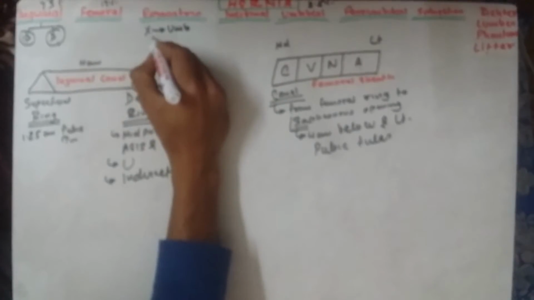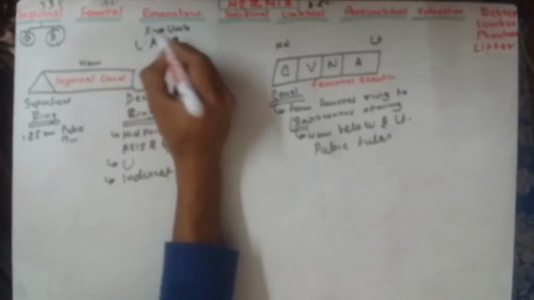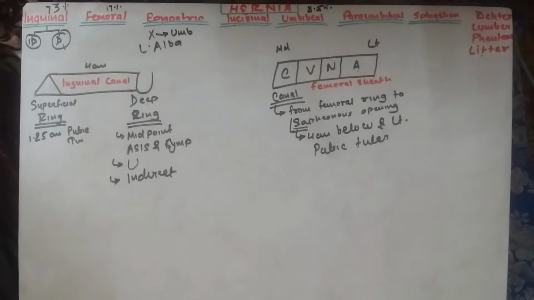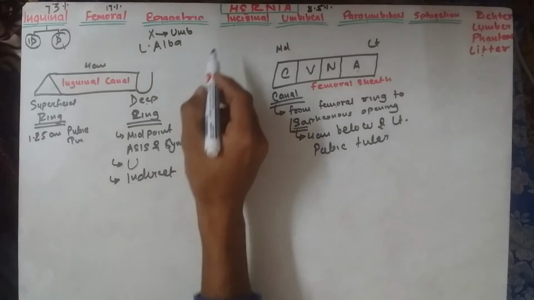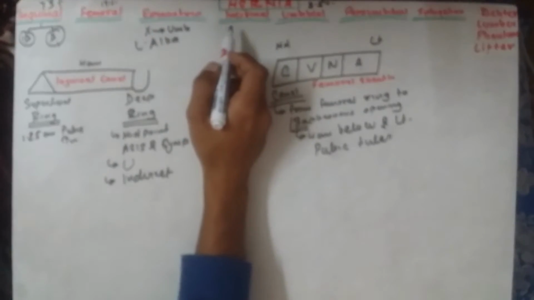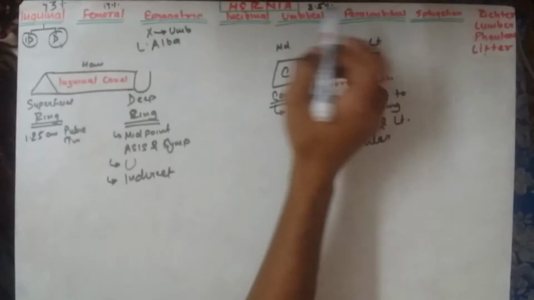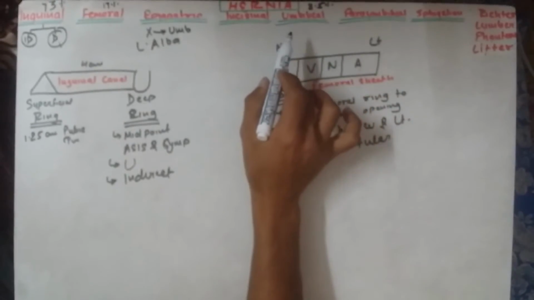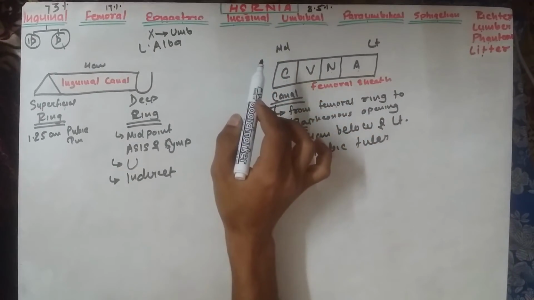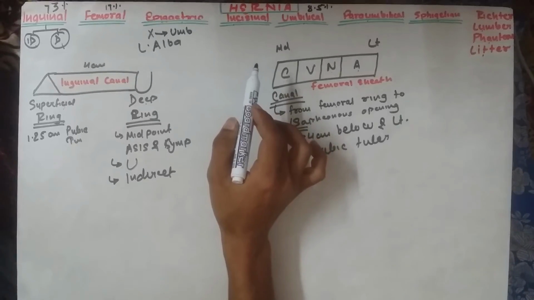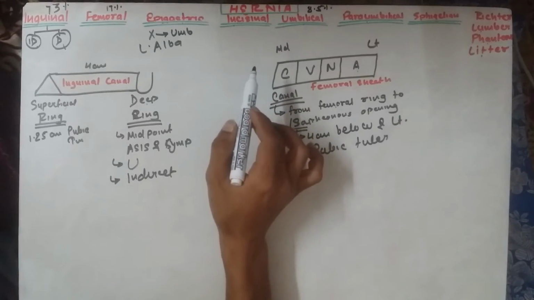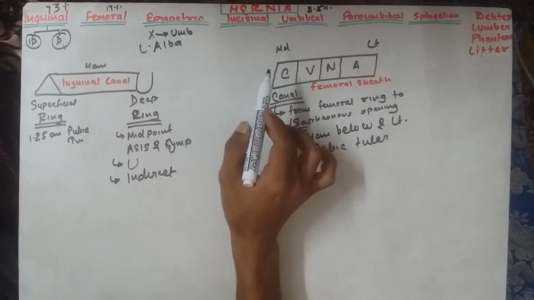Then the incisional hernia, as the name suggests, is seen at the site of a surgical incision scar.